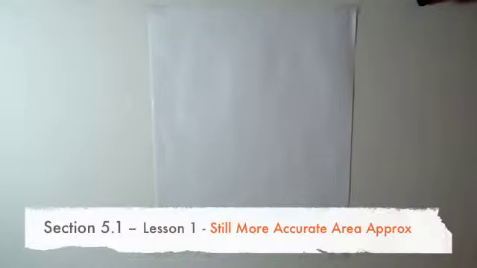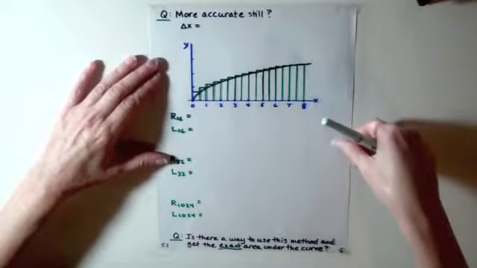Well, what would be still more accurate than what we have done so far? Okay, so that's the next question. Could I make my estimates even better? And of course we said you could average L8 and R8 together. You get a better estimate that way. It's really the same as the trapezoid rule that you'll learn about next semester. But to get more accurate still, what could I do?